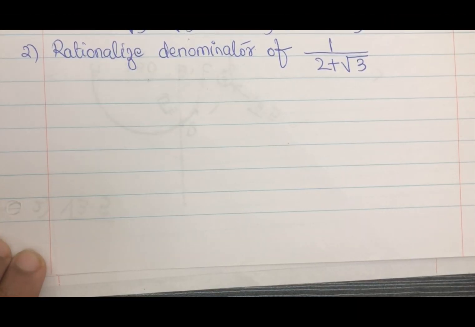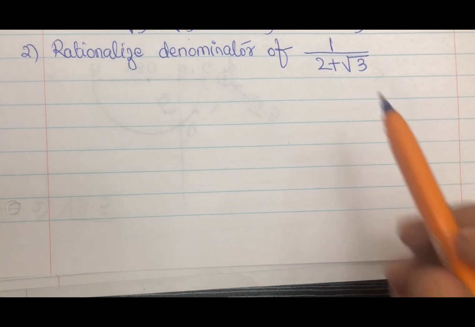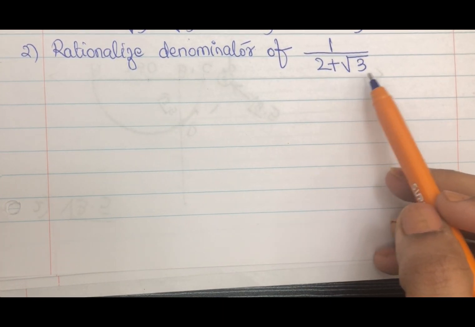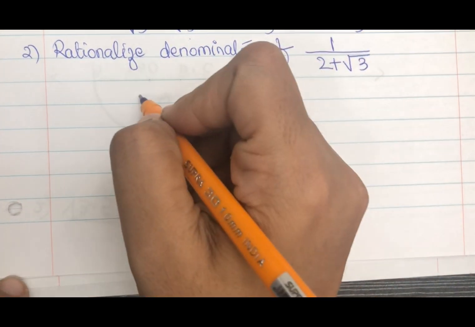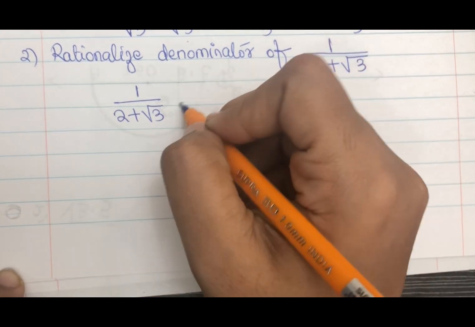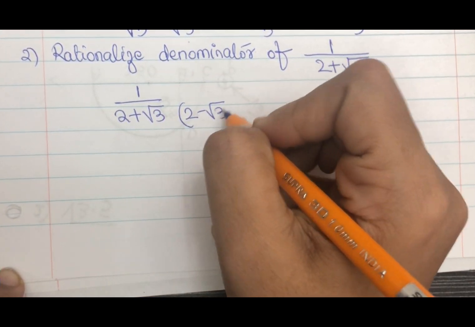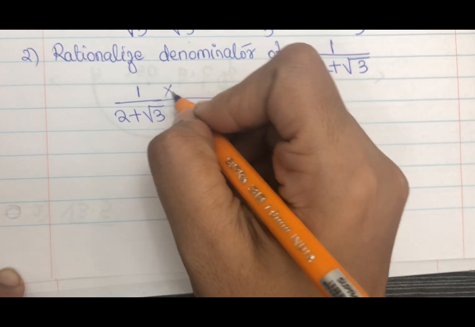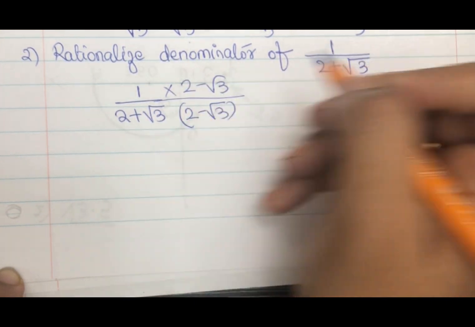The next question is: rationalize the denominator of 1 by 2 plus root 3. How will we rationalize it? We will multiply both the numerator and denominator by 2 minus root 3. So 1 by 2 plus root 3 into 2 minus root 3 by 2 minus root 3.